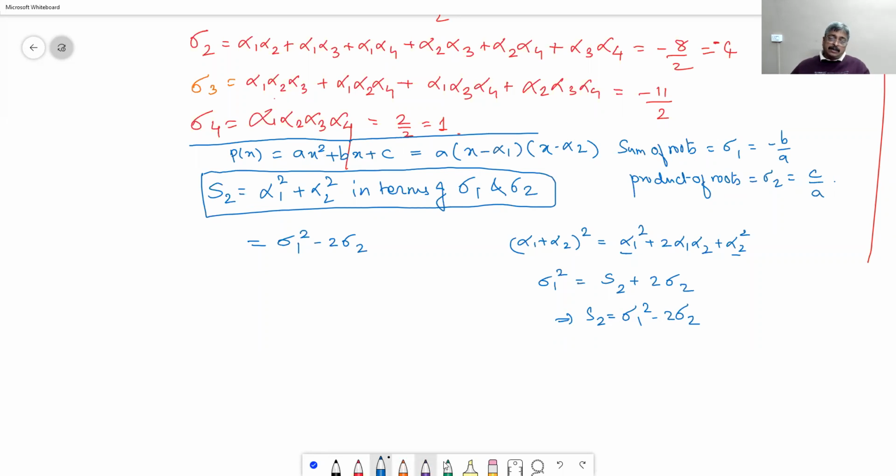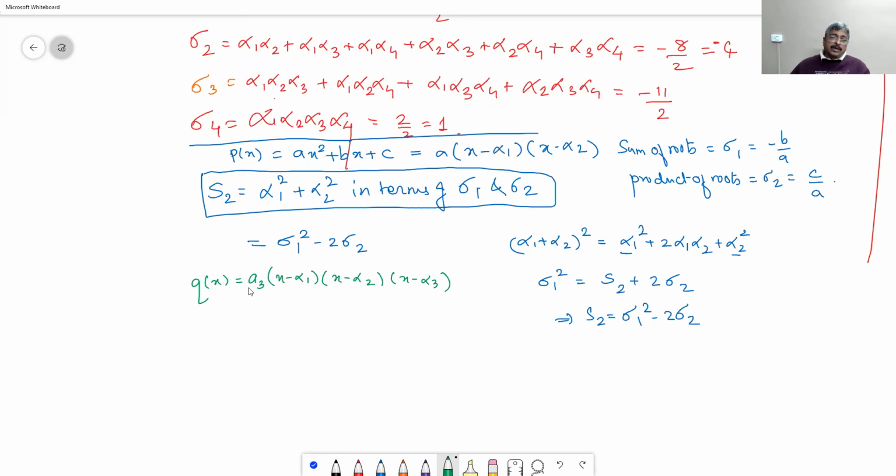Now let us consider Q of x as a into x minus alpha 1, x minus alpha 2, x minus alpha 3, 3 roots, leading coefficient a.